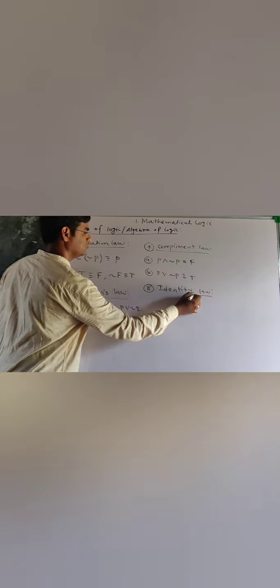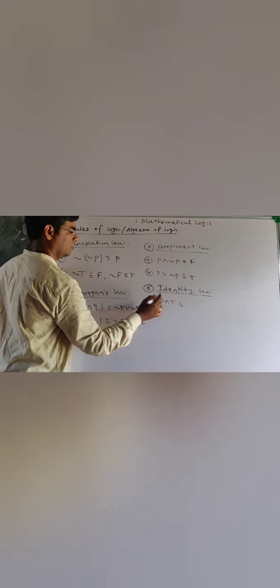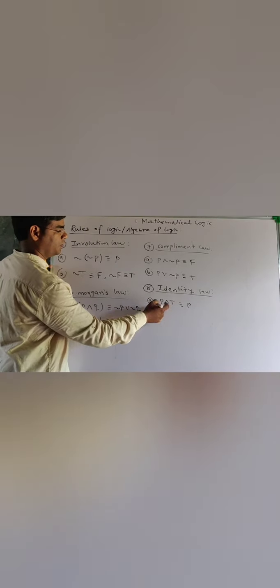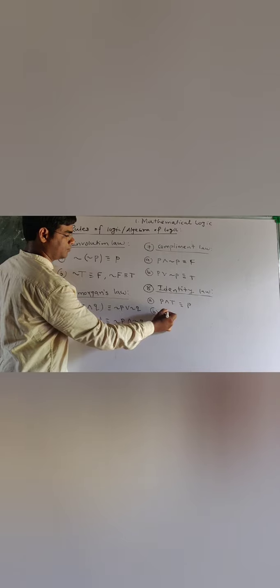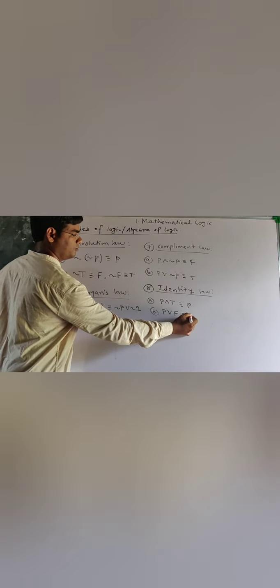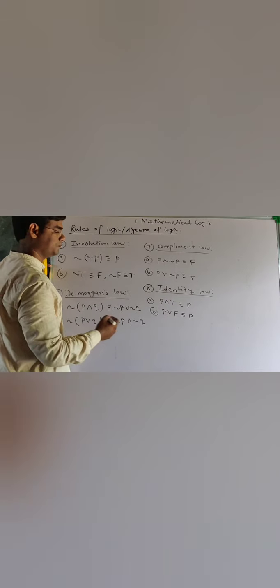Last law, eighth law, is identity law. Identity law is what? If we have P and T, so we have a statement P and the second statement is always true, then the answer is what? P only. P and T is P. If you write the dual of this statement, then it becomes P or F. P or F is also P. So this is identity law.